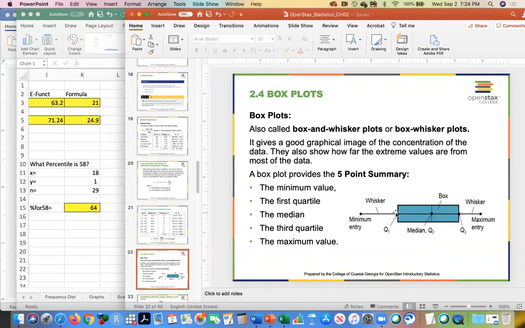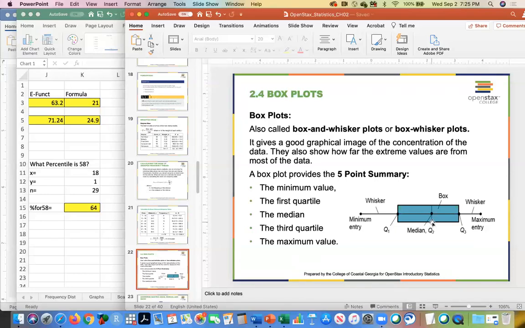The whiskers are telling you whether one is longer than the other, or both are longer. Very likely one of them is going to be very long. Most of the data is going to be between quartile 1 and quartile 3, and what divides these quartiles is this line.